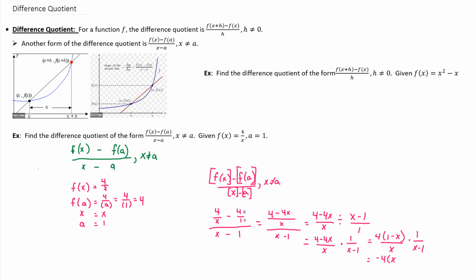But I'm going to change the order of that at the same time. And then that way you can see that in the numerator and denominator here we have a common factor that can cancel. And so we're left with negative 4 over x as our difference quotient.